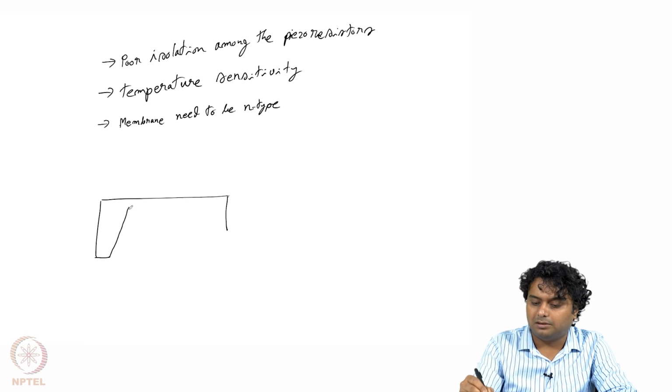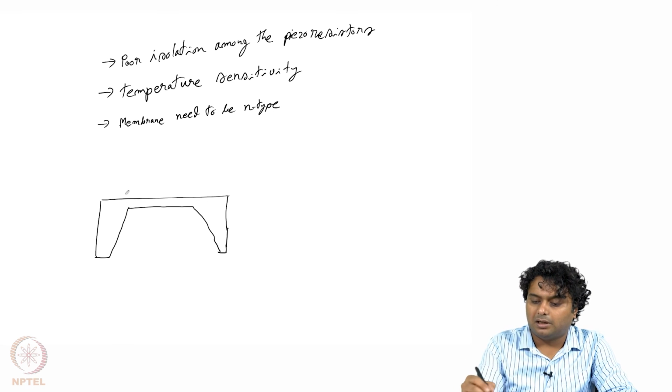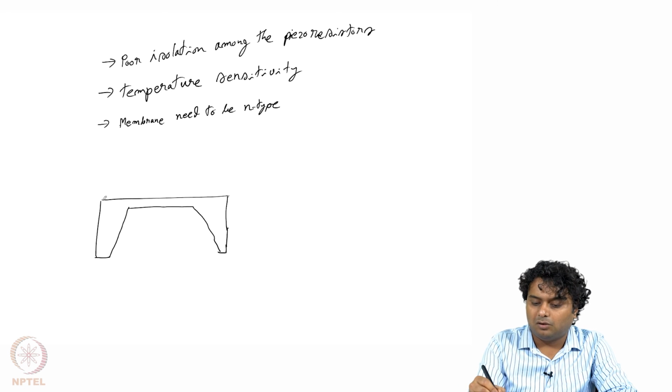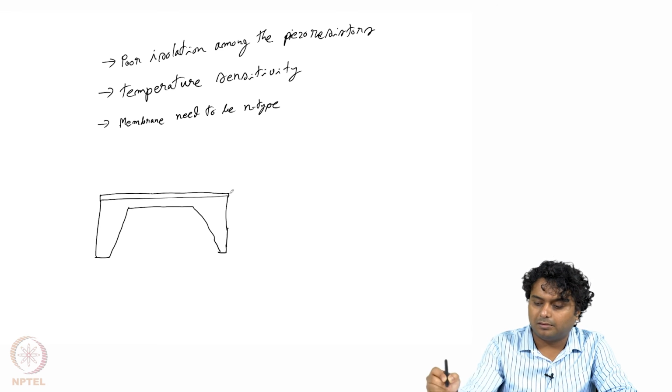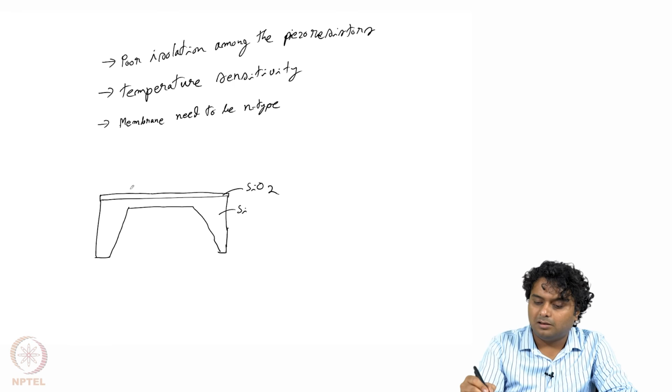So this is the membrane, and then rather than putting the piezoresistor on top of the membrane directly, we put an oxide layer, and then on top of that we put the piezoresistors, like polycrystalline piezoresistors.